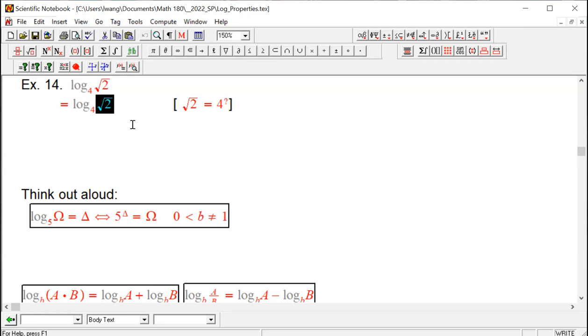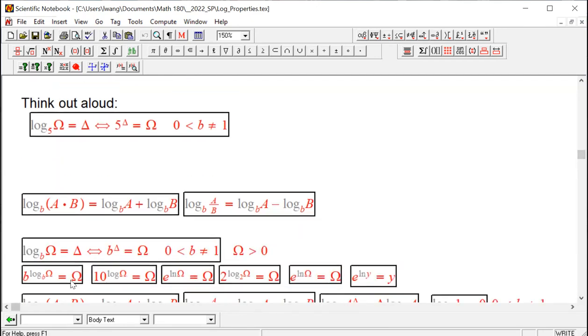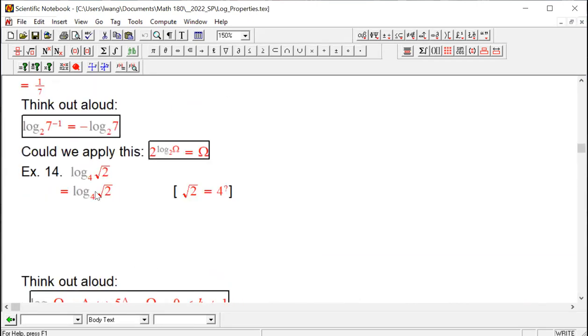Remember, any positive number can always be expressed in terms of a base b, greater than 0 and not equal to 1, and a certain power. So this is a guarantee that any positive number can be expressed this way. In real application, you just have to work a little harder for it.